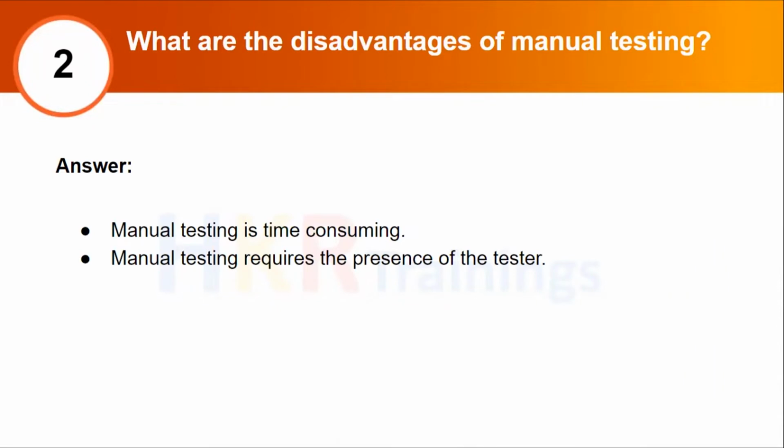In this case, we'll be going for automation testing, as it is very time consuming and also requires resources. So these are some of the disadvantages of manual testing. Let's move to the next question.